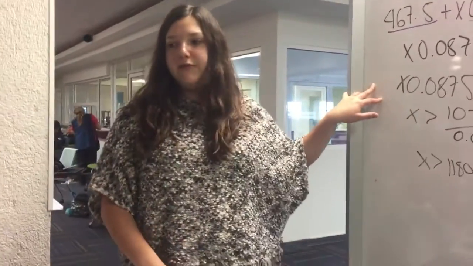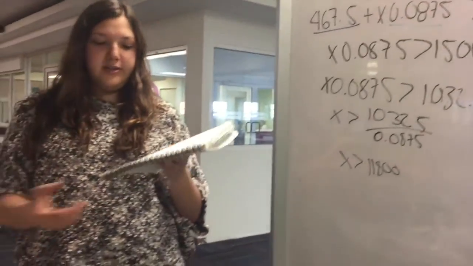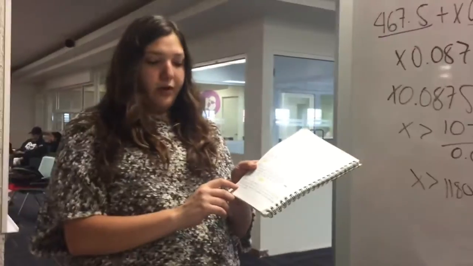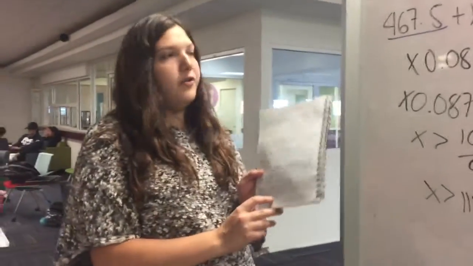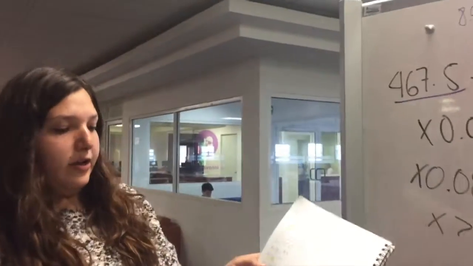Okay, so now we're going to explain it here to solve your doubts. First, if you read the problem, where it says that it wants to have greater than 1,500, so you write here 1,500, and you said that you invested 8,900 at 5.5%.